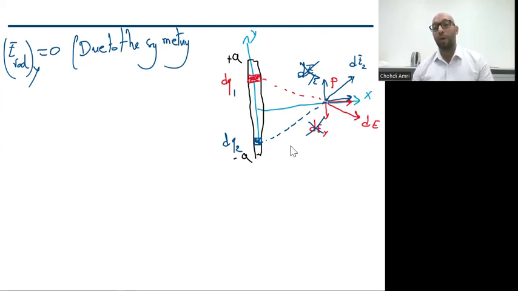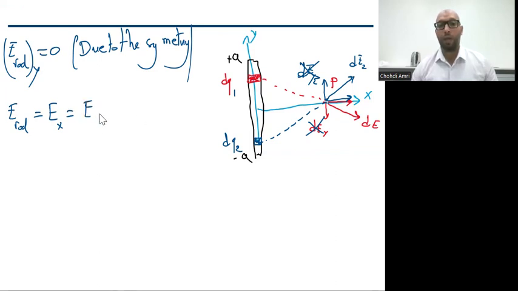Their y components are opposite in direction and have the same magnitude, so their sum, of course, will be 0. So the electric field produced by our rod is only its x component, and the x component of this vector is equal to E multiplied by cosine theta.